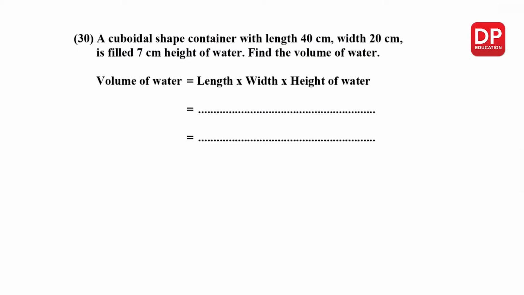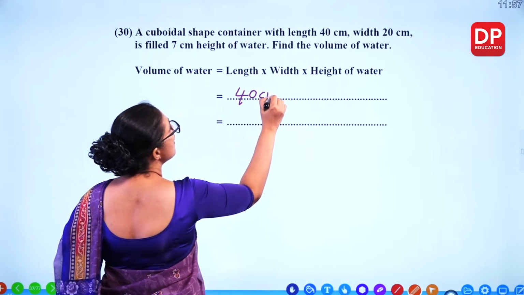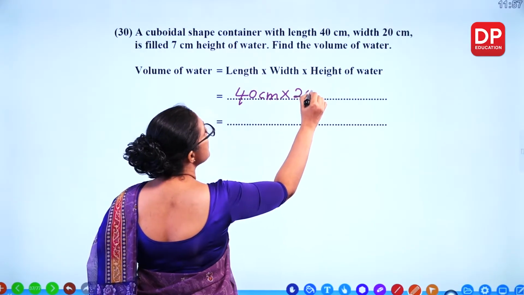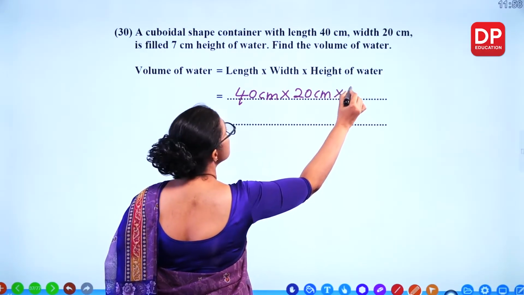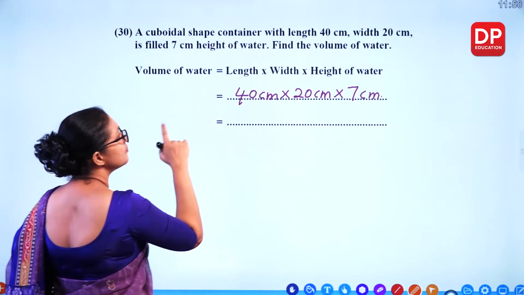A cuboidal shaped container with length 40, width 20 is filled 7 centimeter height of water. Find the volume of water. So length is 40, width is 20 and the height is 7. We take height of water.